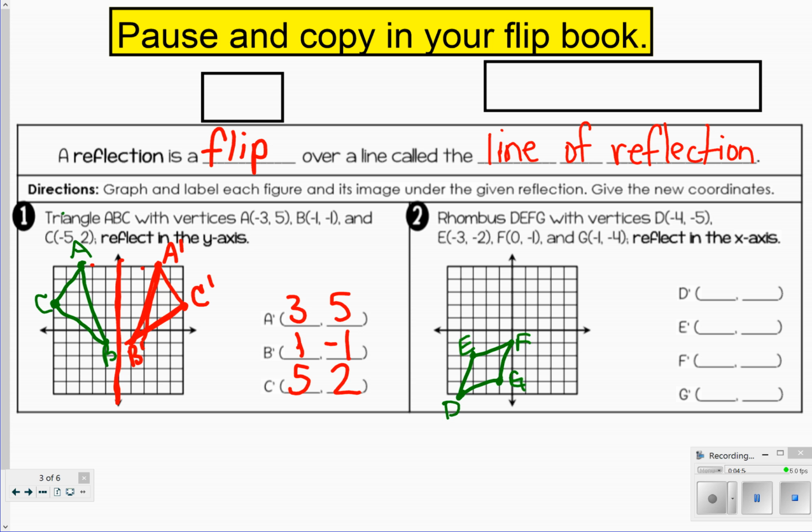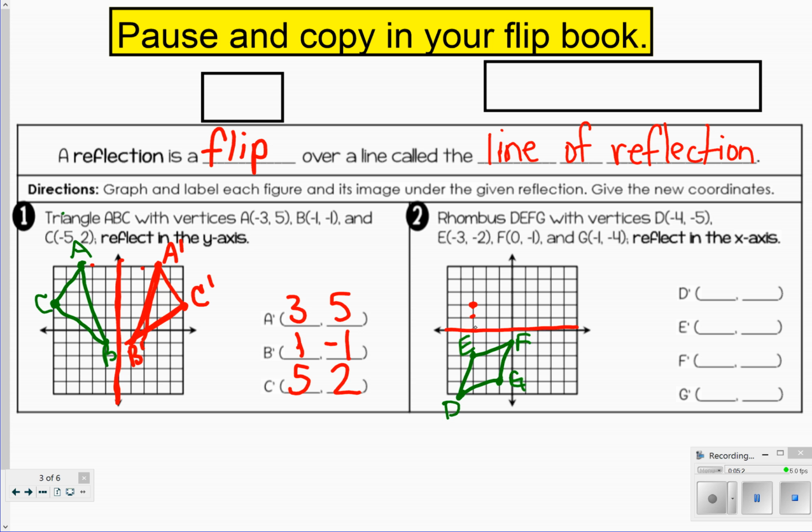Let's go ahead and look at our rhombus in box number 2, and it says we want to reflect over the x-axis. So I'm going to go ahead and trace the x line. So I remember that that's the line that I want to flip over, not the y-axis, the x-axis. And I want to do the same thing where I'm going to go the exact same distance on the other side. So E was 2 down from this location, so I'm going to go up 2 locations, and that's my E prime.